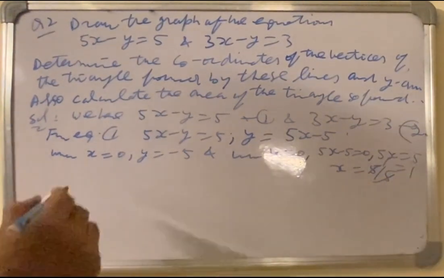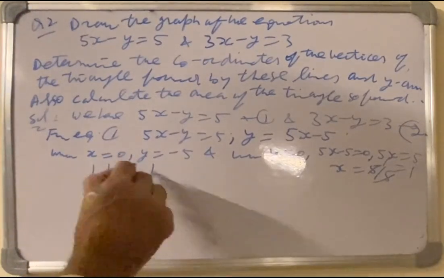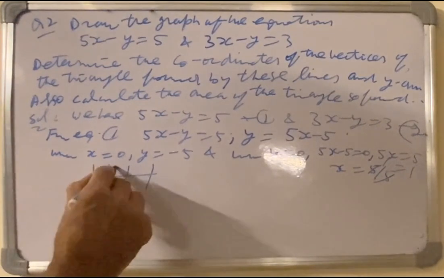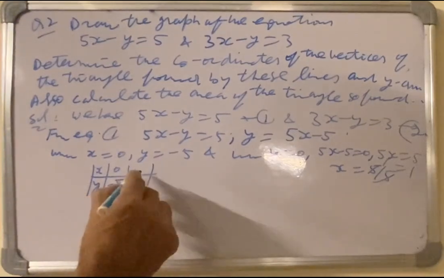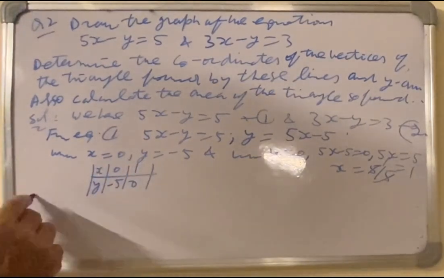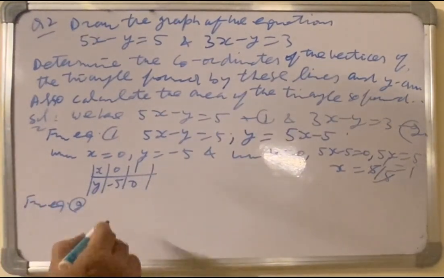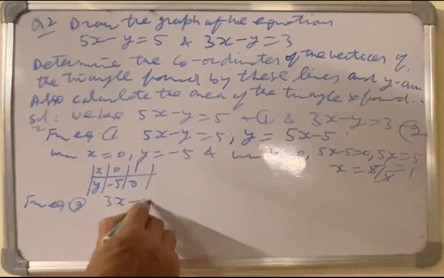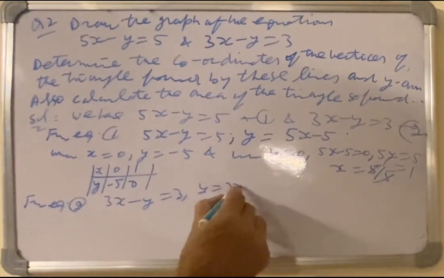So we have set of values for first equation: x 0, y minus 5, then y 0, x 1. Then from equation second, 3x minus y is equal to 3, y is equal to 3x minus 3.